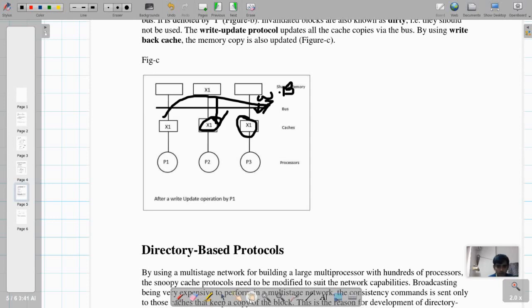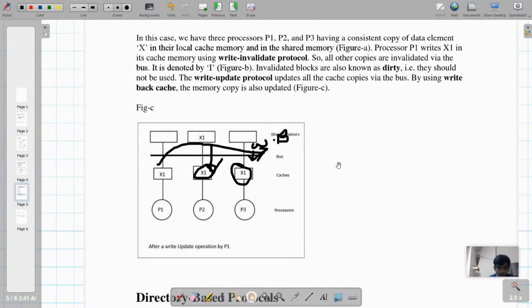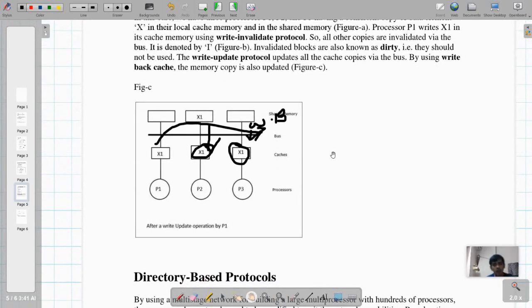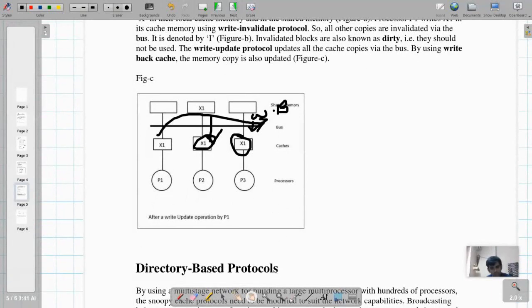So if you observe carefully, you can find that there will be frequent bus activity in this protocol. That's why the bandwidth requirement will be much higher with this Snoopy bus protocol.